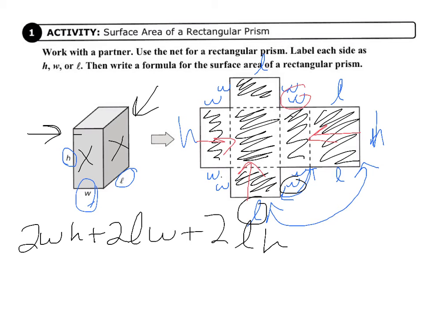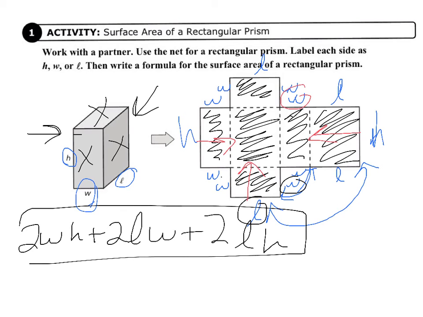So really what you end up with is 2 of each of the rectangles that you have. One for the top of the box and the bottom of the box, one for the left side and the right side, and one for the front side and the back side. So that makes sense for a formula. So that equals our surface area of a rectangular prism.